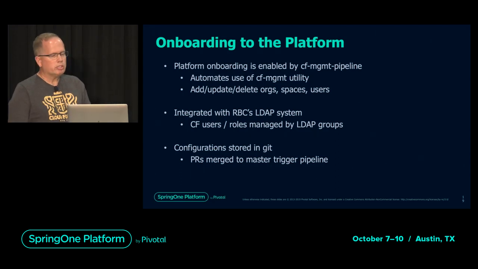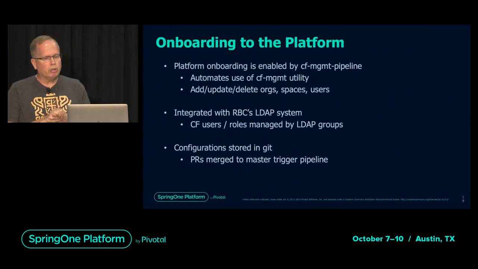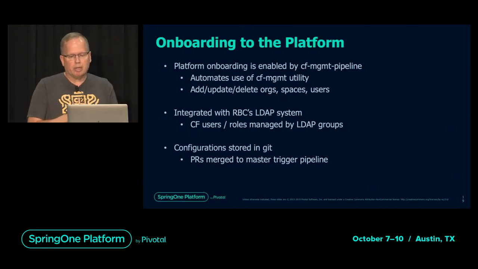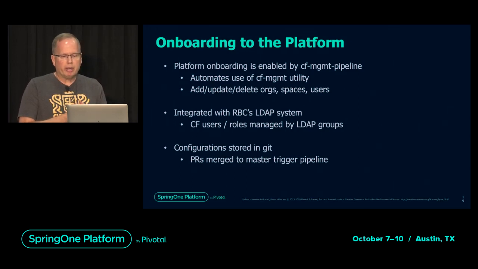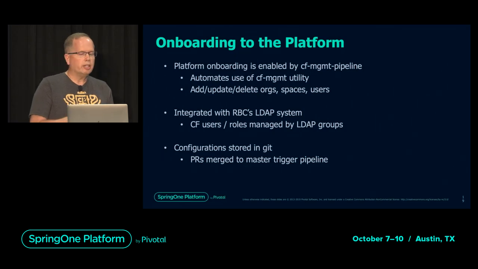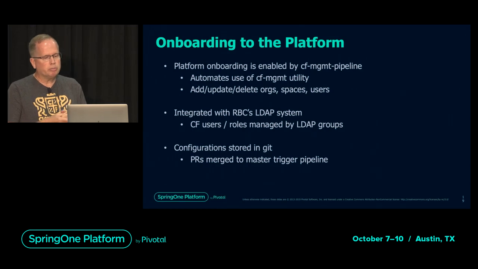So soon after we installed the Pivotal platform, we realized that it would be a lot of repeated work involved in onboarding application teams. And as we mentioned earlier, we have over 200 application teams onboarded to the Pivotal platform. And so one of the first pipelines we created was based on the CF management utility, so that we could add, update, delete orgs, spaces and users.